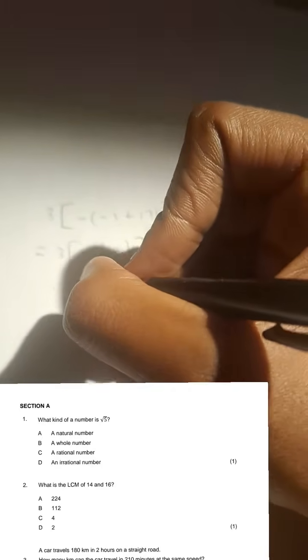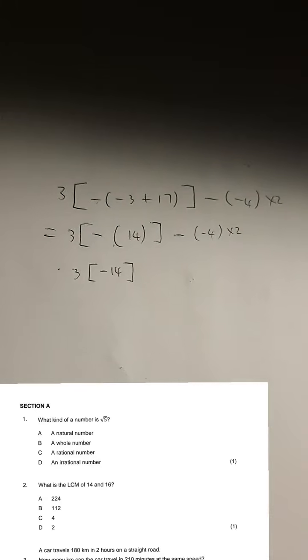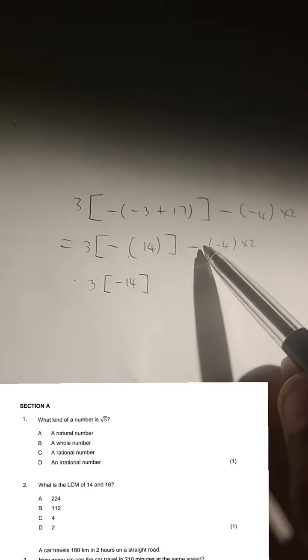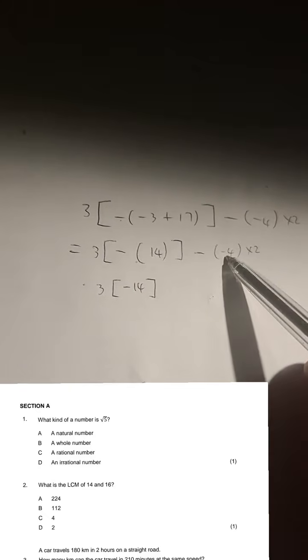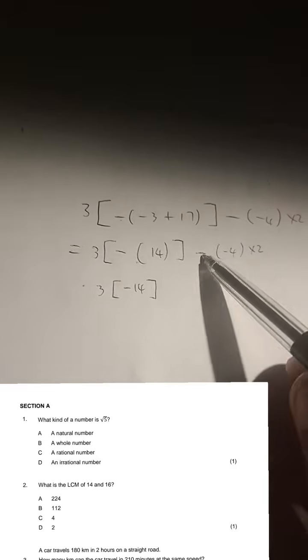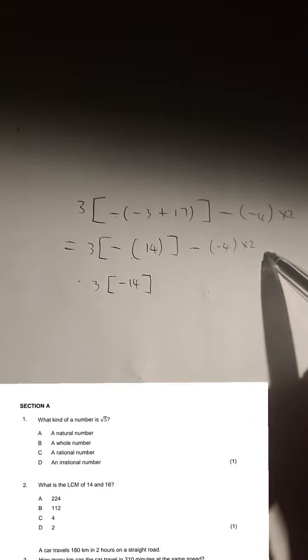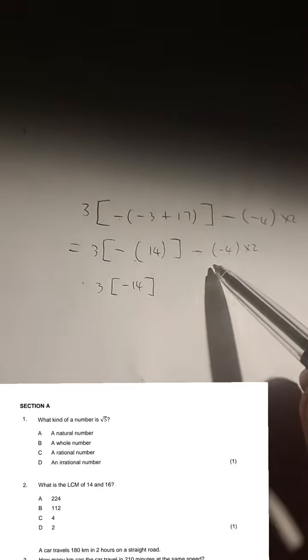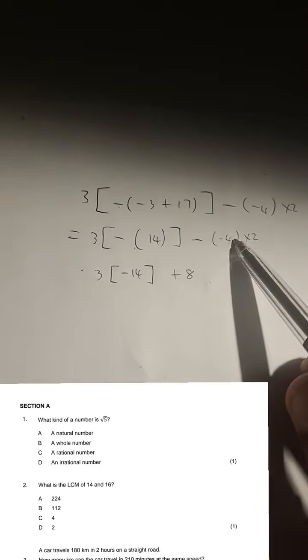That's 3 into negative 14. Now we can multiply here as well: negative 4 times the positive 2, so that we can resolve the sign that's here. Negative times a negative is a positive, positive times a positive is a positive. Remember, brackets mean multiply. So that means we get positive 8 there.